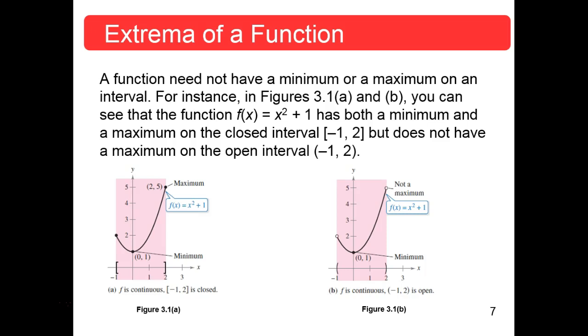So this function here has a minimum and a maximum on the closed interval, but does not have a maximum on the open interval. It's approaching 2, but not getting there. As x approaches 2, this is approaching 5, but never reaching 5, but getting closer and closer to 5, so it doesn't have an absolute maximum. Does that make sense?